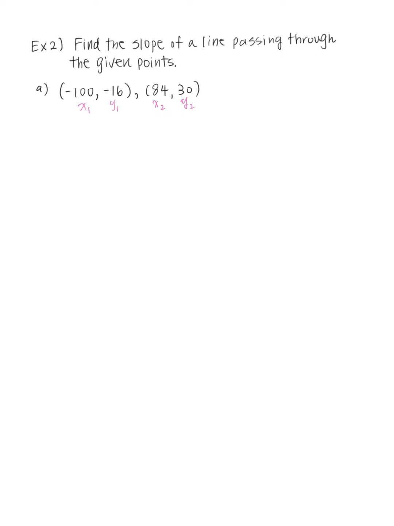All right, now let's compute the slope. The slope is y2 minus y1, whole thing over x2 minus x1. So we get y2, which is 30, minus y1. Be careful, you're going to have a negative 16 in parentheses. And then the whole thing over x2, which is 84, minus negative 100.